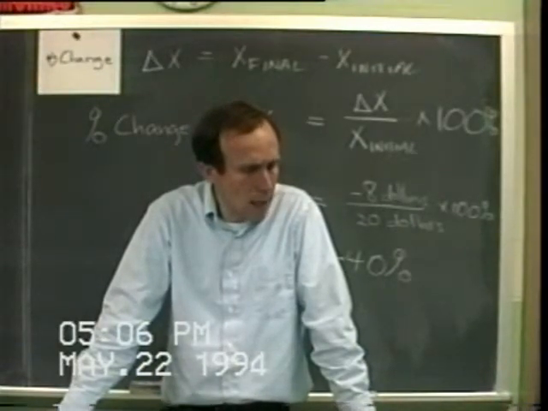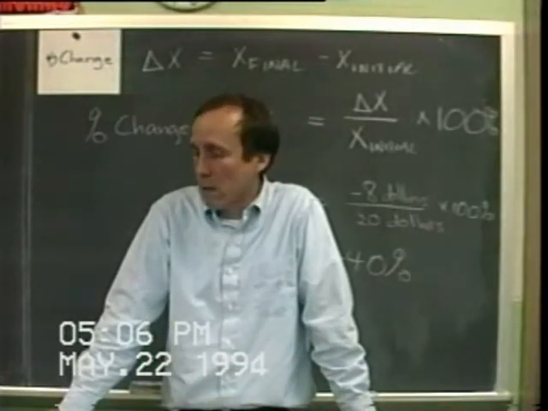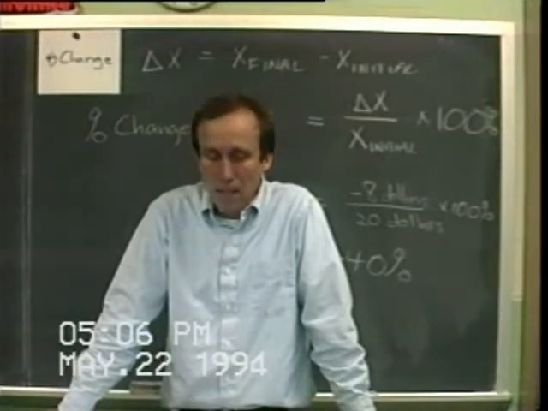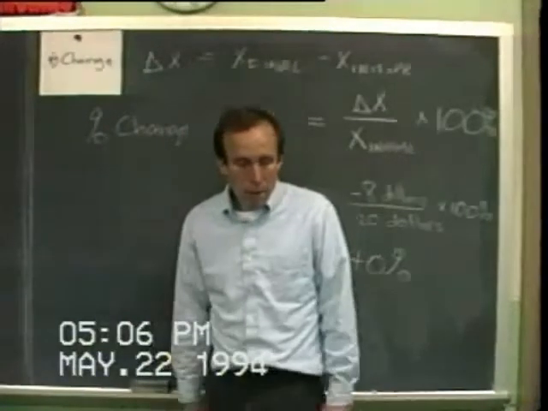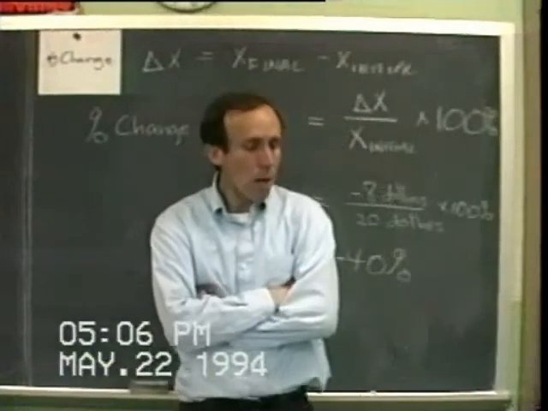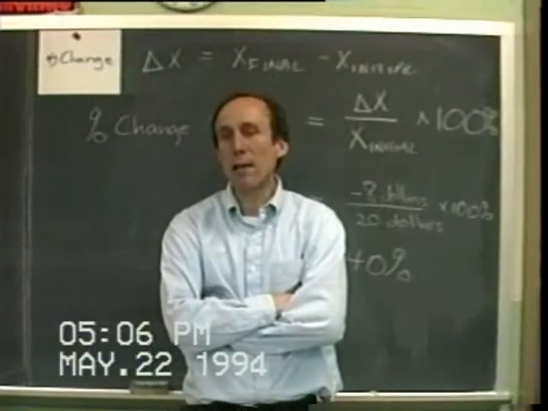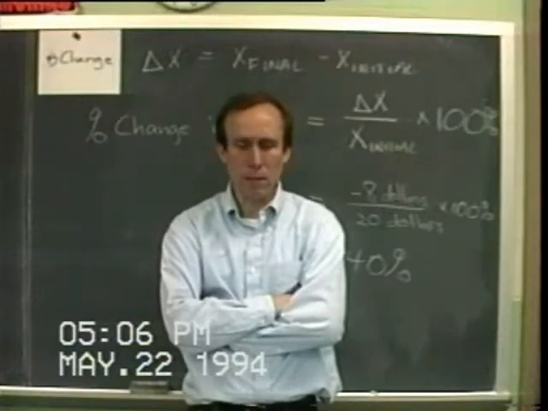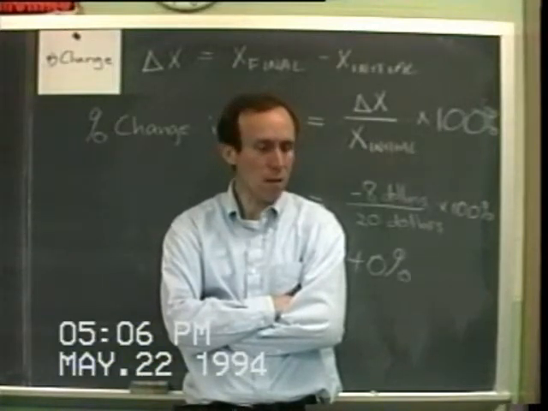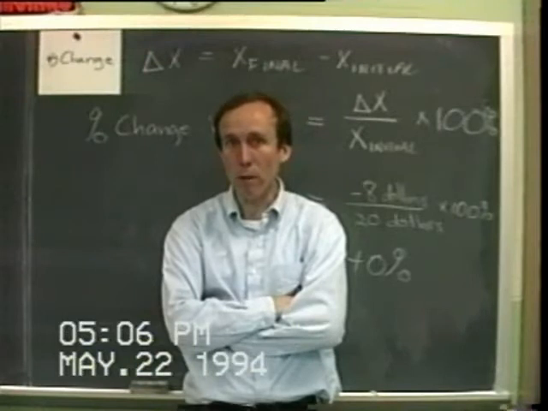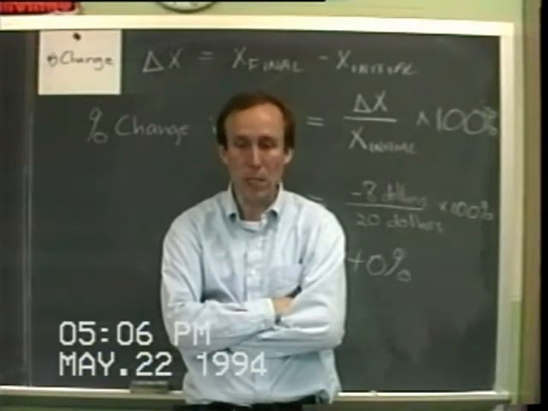A common error is this. You want to know what the percent loss was, or the percent change, for instance. What's the percent decrease in the gravitational force when you double the distance between two objects?